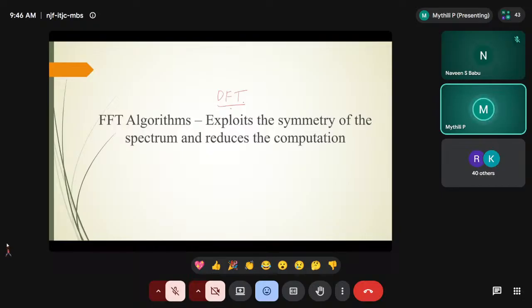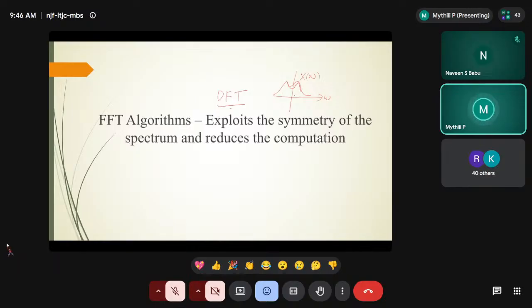These FFT algorithms exploit the symmetry of the spectrum. We already considered when we are drawing a spectrum, there will be a symmetry. If the spectrum is centered, the left side and the right side will be the same.